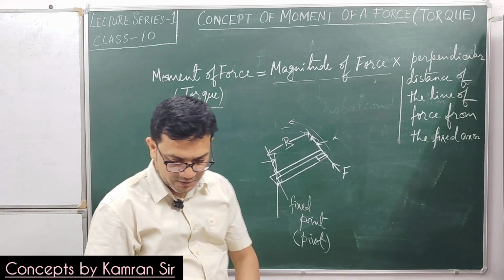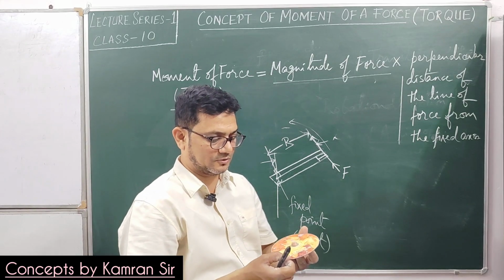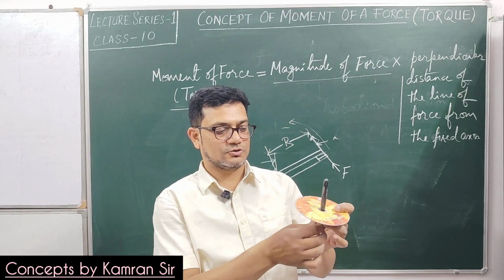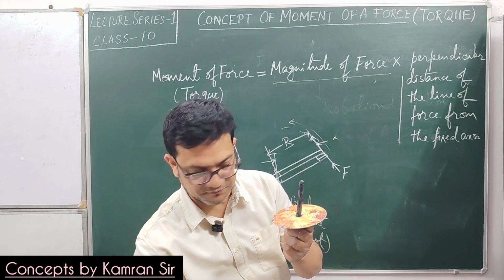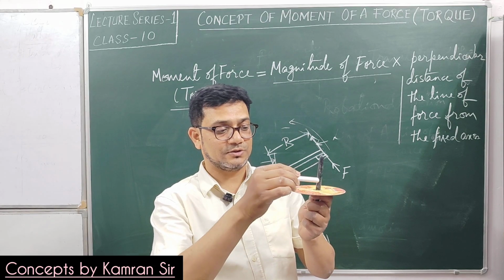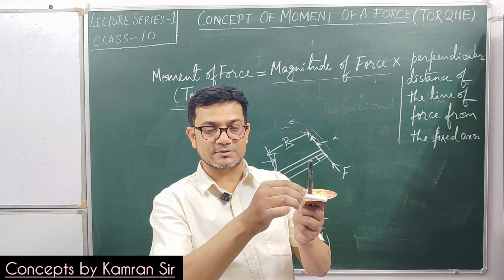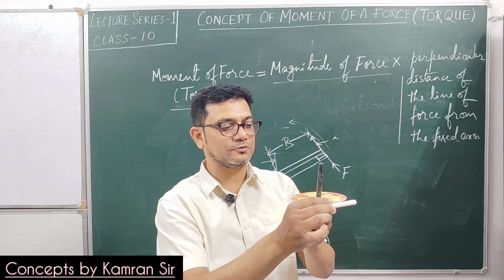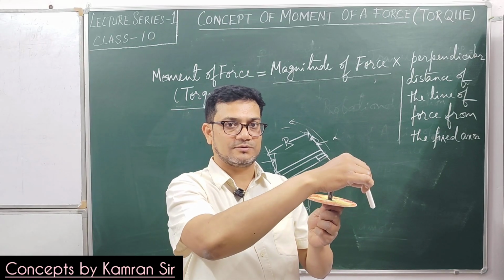Now we need to understand this as well. Let's take the example again of this disk. You have the axis of rotation here. If you apply a force here in this direction, tangentially to this plane, this radius, which is the line of action, it's going to produce the turning effect, the rotational effect, in this direction.